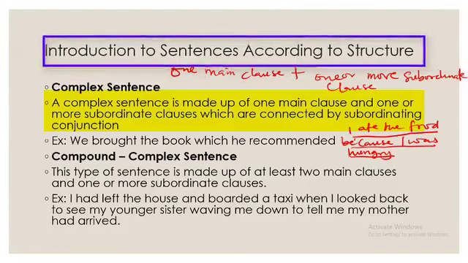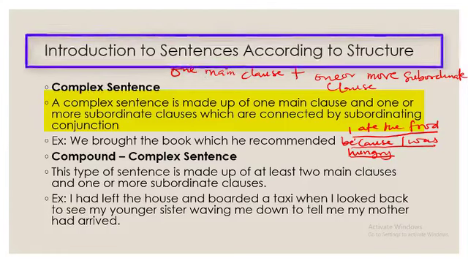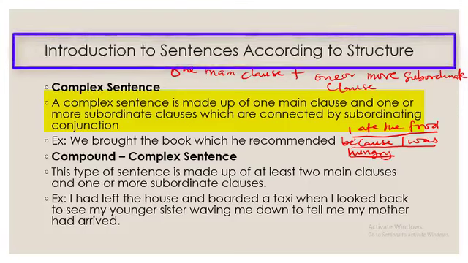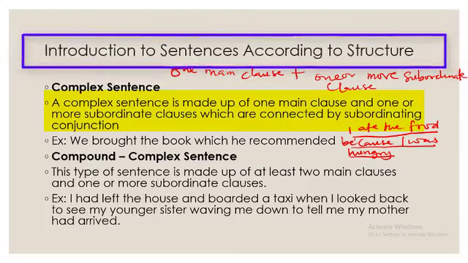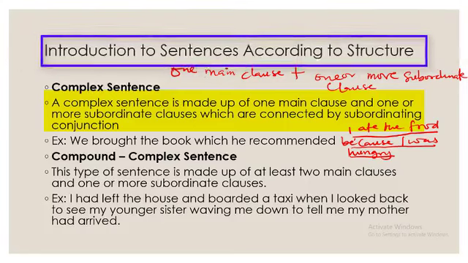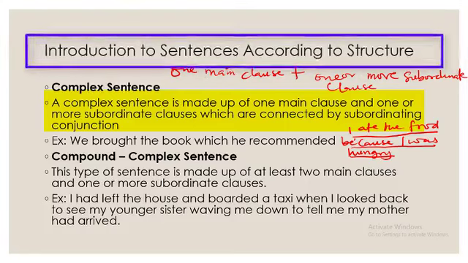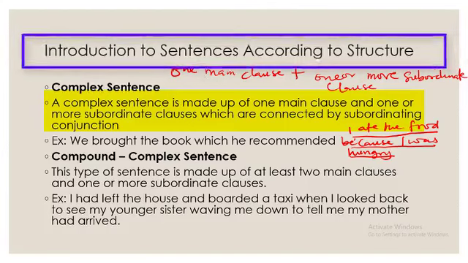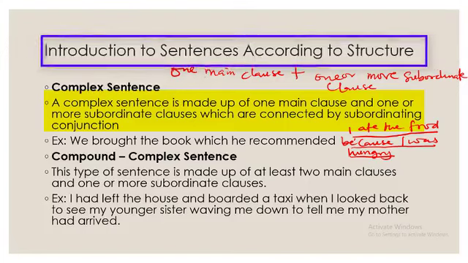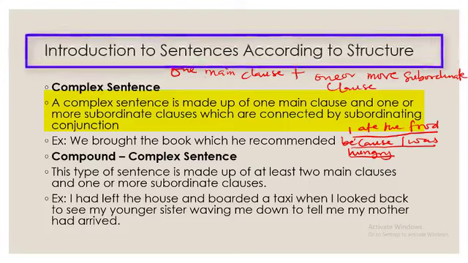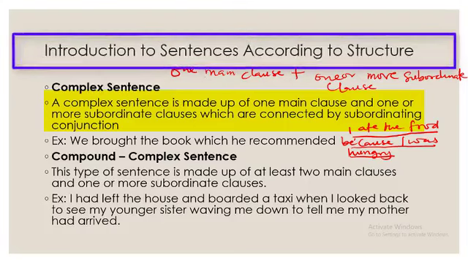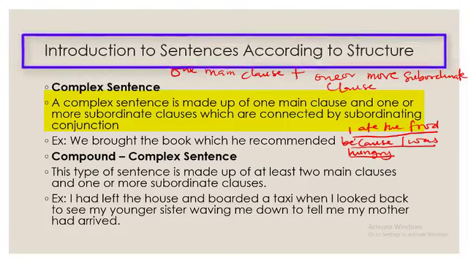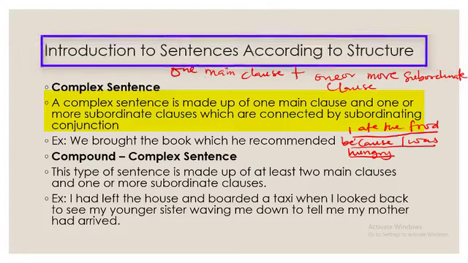A subordinate clause relies on the main clause or independent clause to express a complete thought or idea. So I ate the food can stand on its own, but because I was hungry cannot stand on its own. It only makes sense if we attach it to the main clause, I ate the food. So this is an example of a complex sentence.